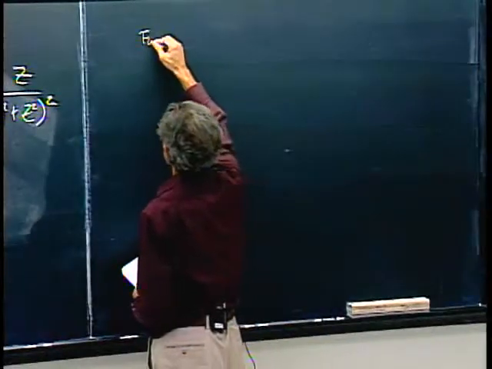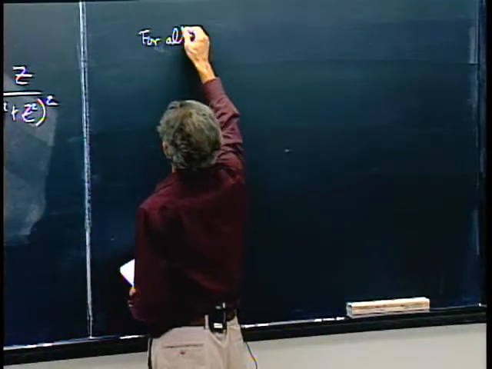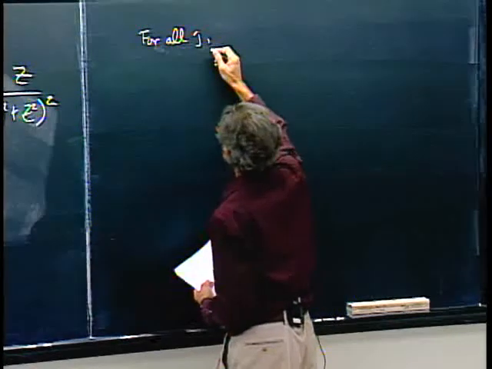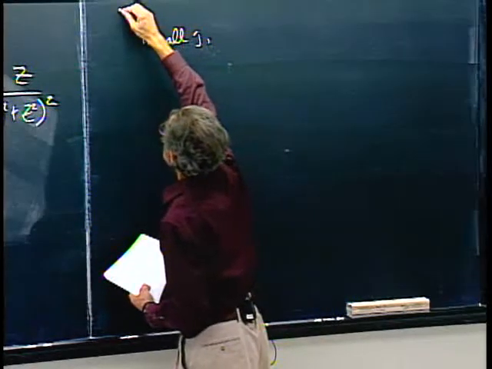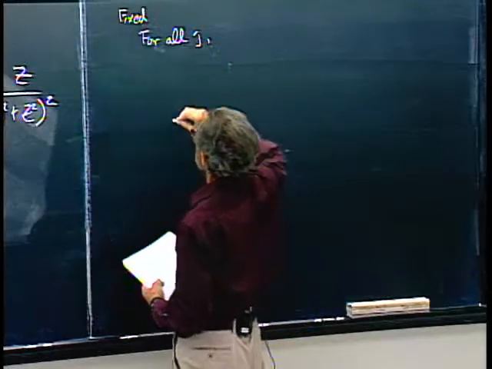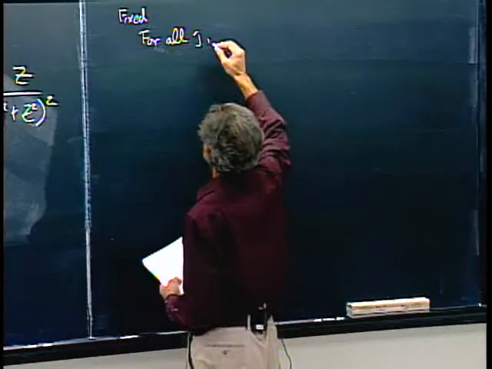So for all j, first we have fixed I, fixed patch I. Maybe we're going to compute it over for all I later.